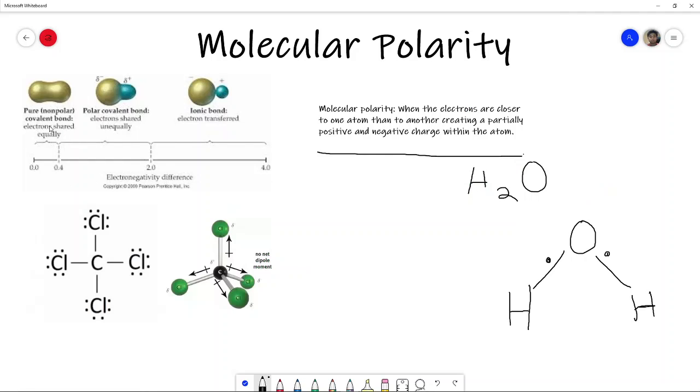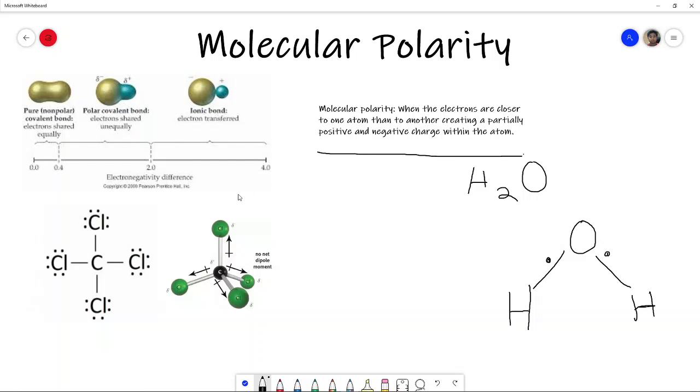So in this chart over here, we have three types of bonds. Nonpolar covalent bonds, polar covalent bonds, and ionic bonds. So today we're going to mostly be focusing on nonpolar covalent bonds and polar covalent bonds. And we'll get to ionic bonds another day, but ionic bonds occur when the difference of electronegativity is 2.0 or greater.